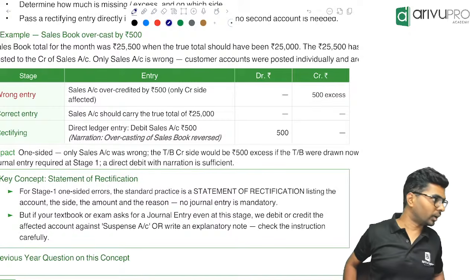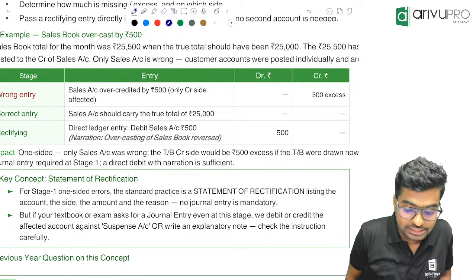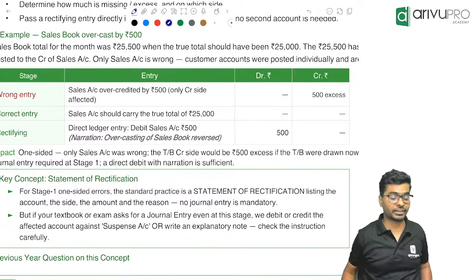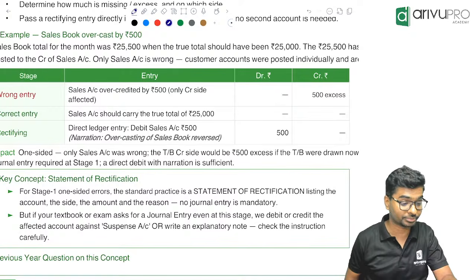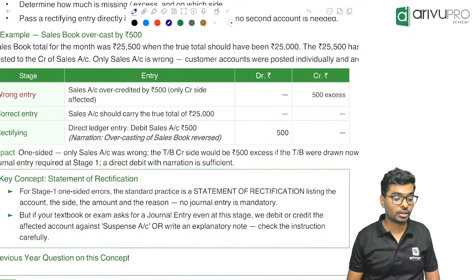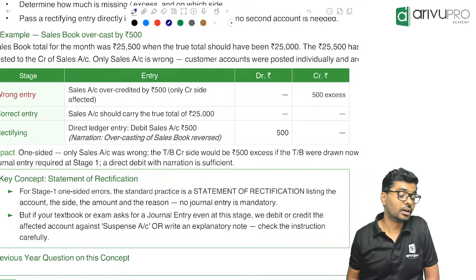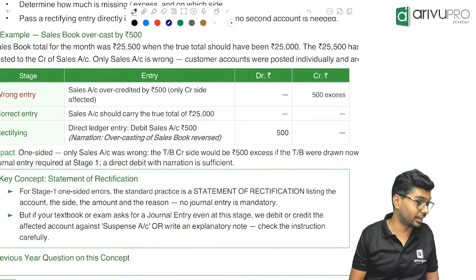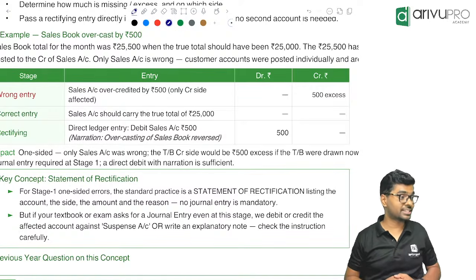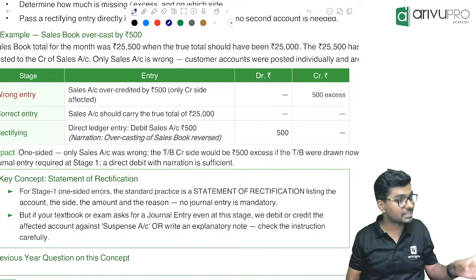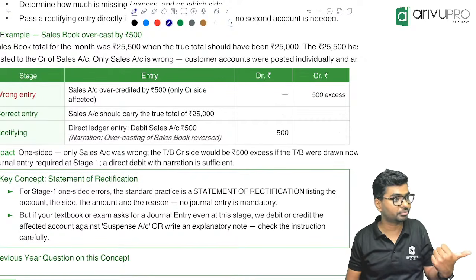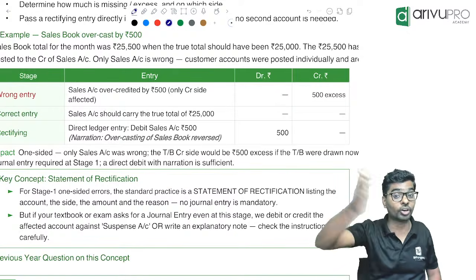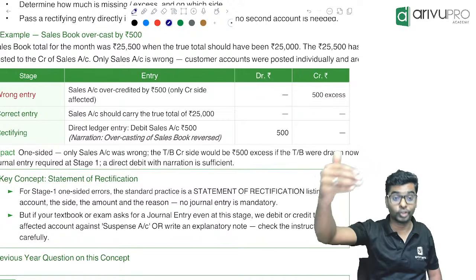Now let's go one by one. Here, sales account or the sales book was overcast by 500. Sales book was what? Overcast by 500. Now, what did I say? The parties in the sales book, did you do error with them? Sales book overcast means what? You have done the totaling wrong. You remember that example 100, 200, 300.